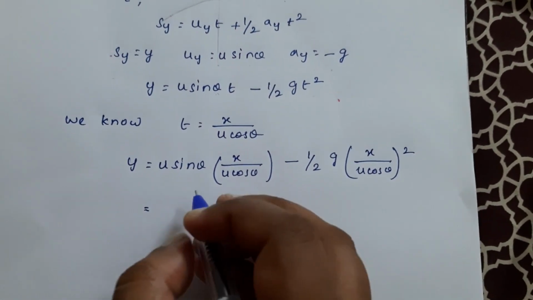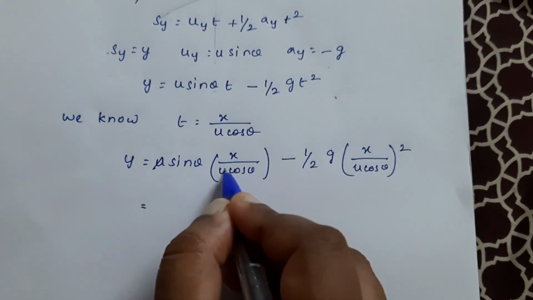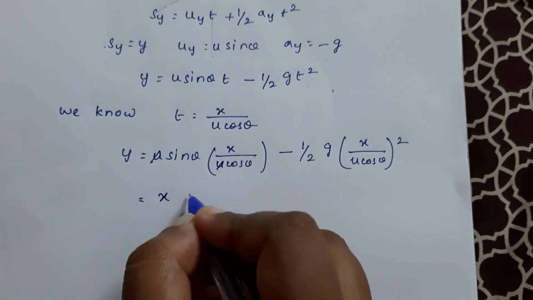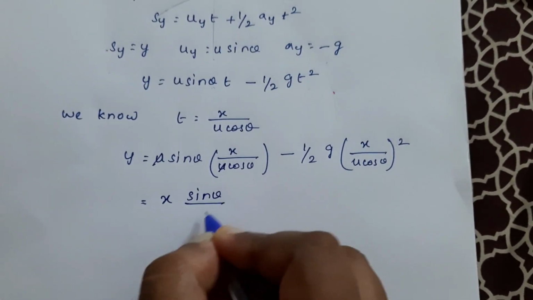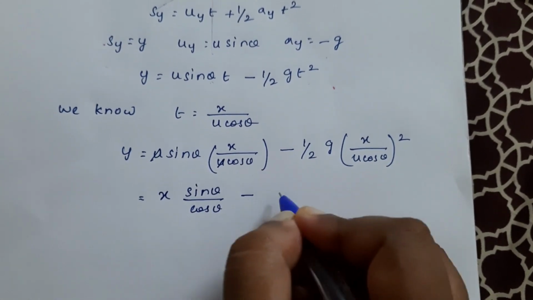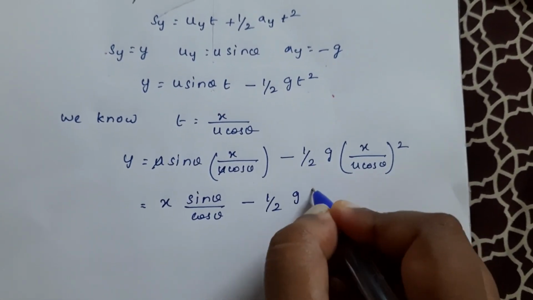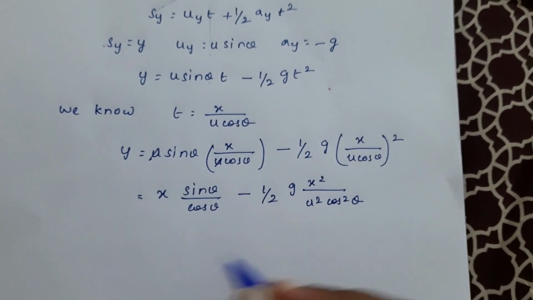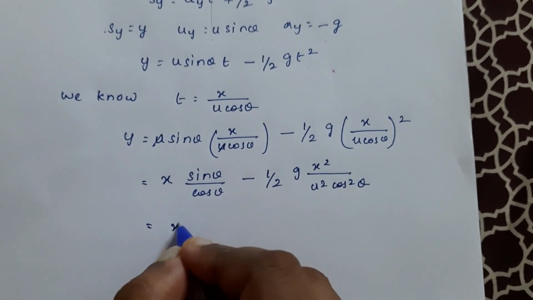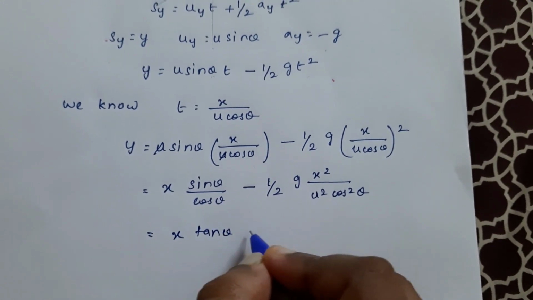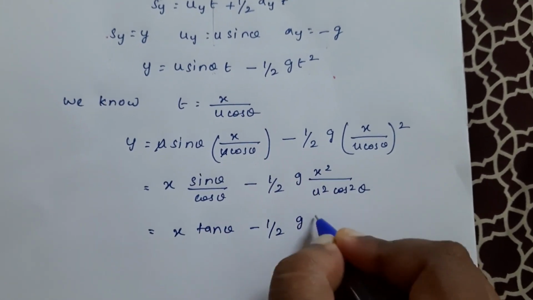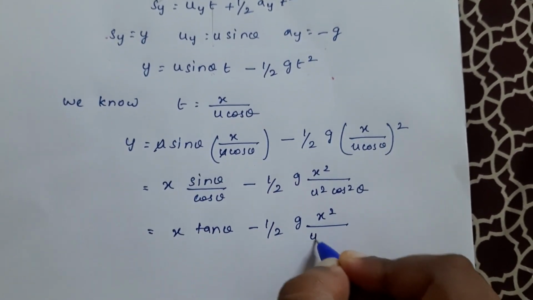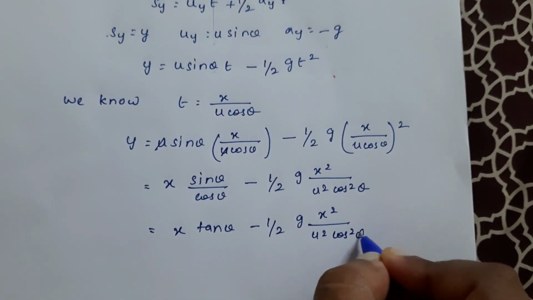The u and u get cancelled. So x into sin theta by cos theta minus half g x square by u square cos square theta. So this is y equal to x tan theta minus half g x square by u square cos square theta.